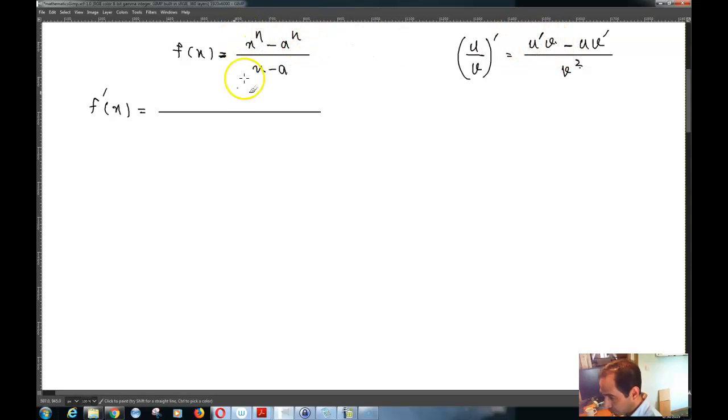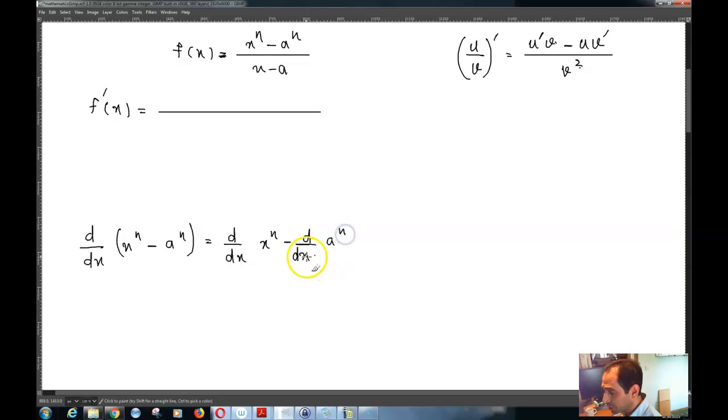So u prime, which is the derivative of this function, d by dx of x raised to the power n minus a raised to the power n, is equal to d by dx of x raised to the power n minus d by dx of a raised to the power n.